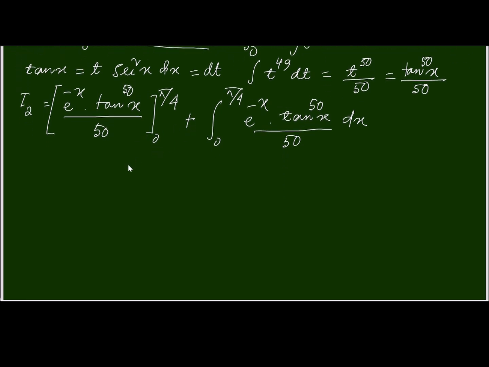Now I can take 1 by 50 outside. Reading the first one, this will be e to the power minus pi by 4, and tan of pi by 4 is 1, and 1 power 50 is 1. So this will be just e to the power minus pi by 4, because when I put 0, everything will be 0, because tan 0 is 0.